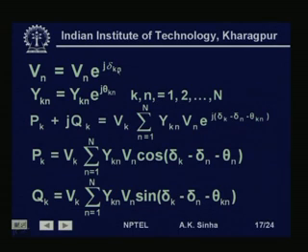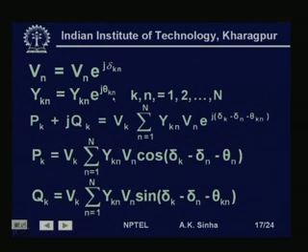And Ykn, the admittance, is equal to magnitude Ykn into e to the power j theta kn, where theta kn is the angle of the impedance.